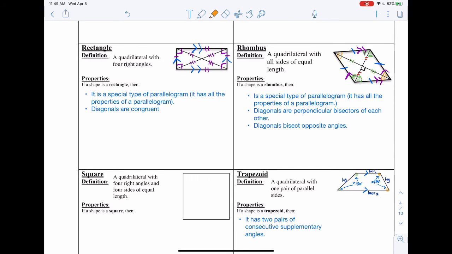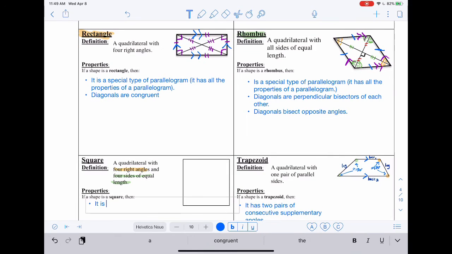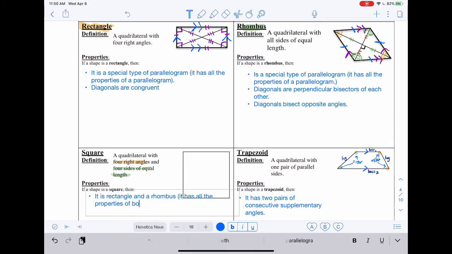Well, if it's a quadrilateral with 4 right angles, that means it is a rectangle. And since it has 4 sides of equal length, that means it is a rhombus. So if a shape is a square, it is a rectangle and a rhombus, meaning it has all the properties of both shapes.